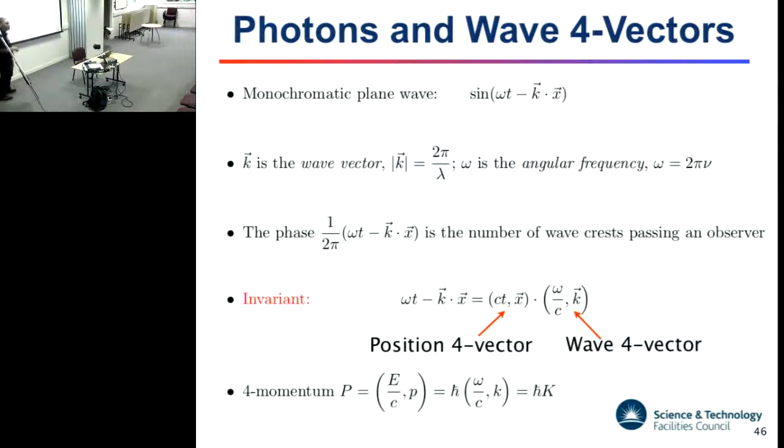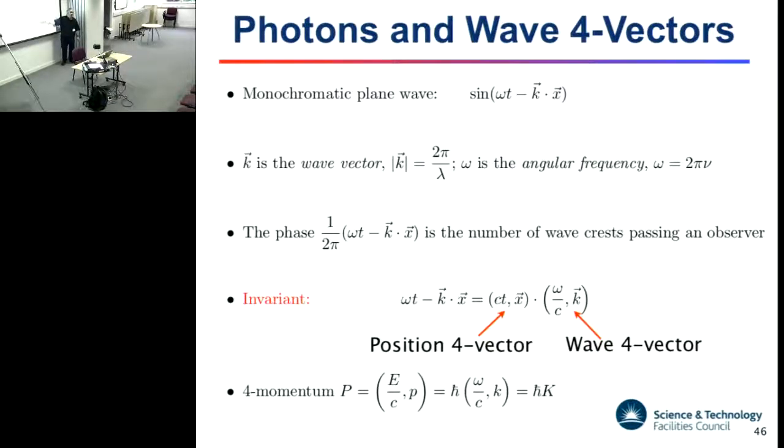Light also has a 4-momentum associated with it, and the 4-momentum associated with light is given by its frequency and its k vector. So this is not so much a 4-momentum, but the 4-vector associated with light. If I were to dot this with itself, I would end up with omega squared over c squared minus k squared.